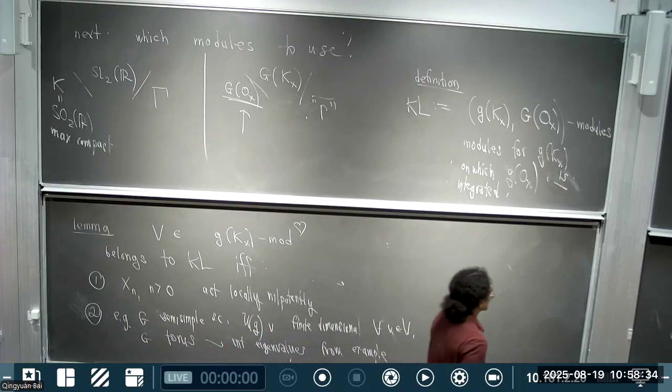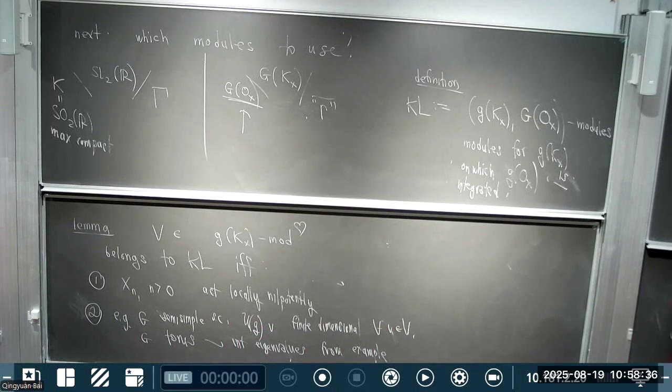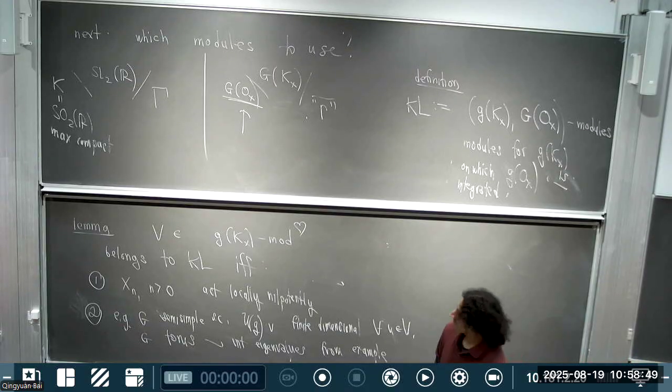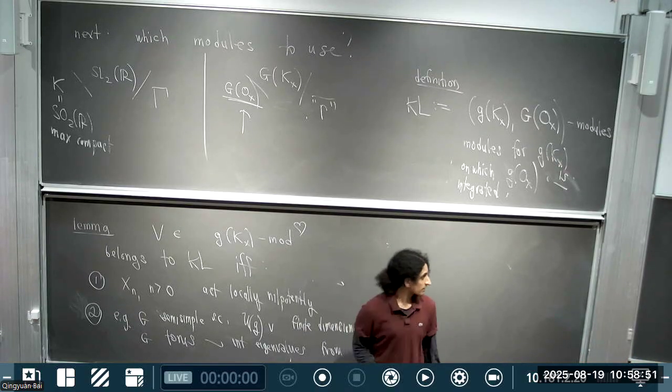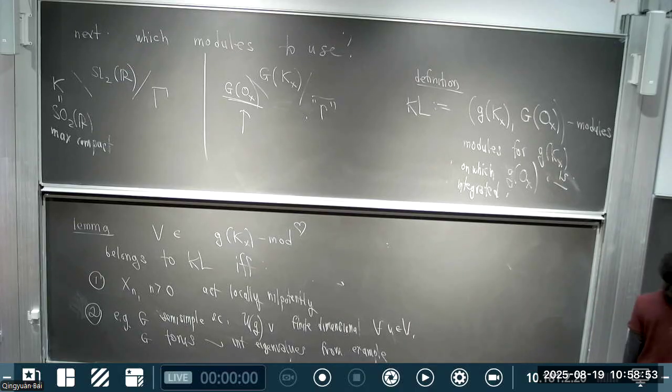All right, great. So the next thing I want to tell you about, let me first say it in maybe down to earth language: when you play with these Weil modules, there's the following beautiful fact.